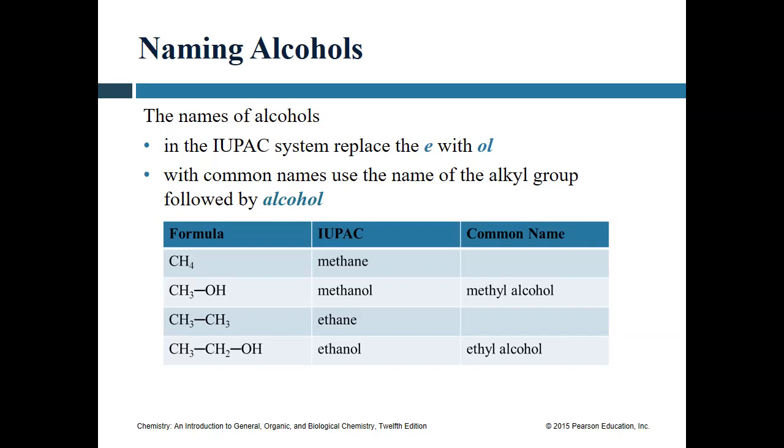Now, these smaller carbon alcohols have existed for a long time and were known by different names throughout their history as part of their overall history. So methyl alcohol, ethyl alcohol, those are common names that are well understood to be the same as methanol and ethanol.